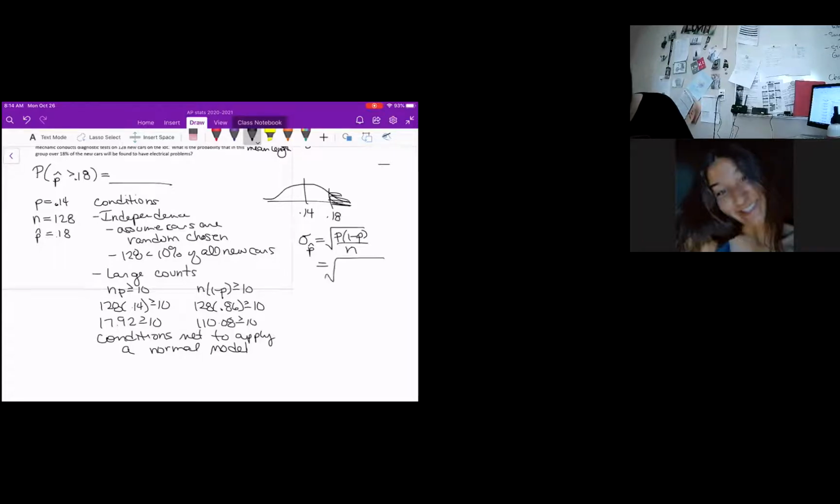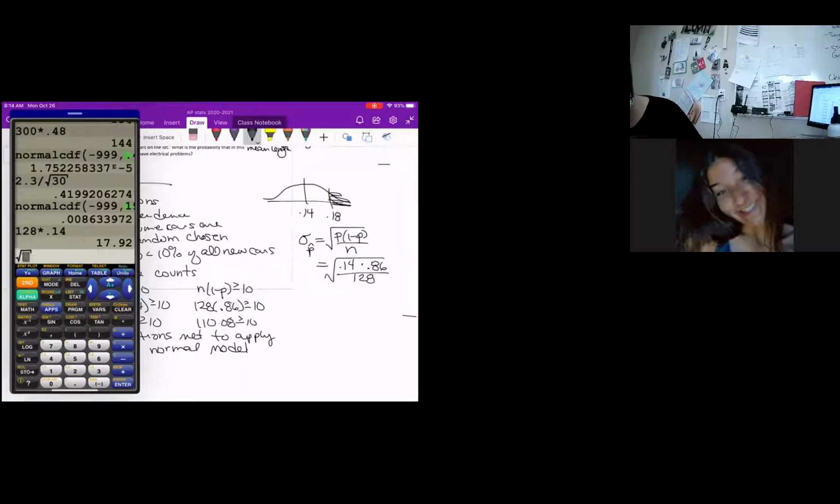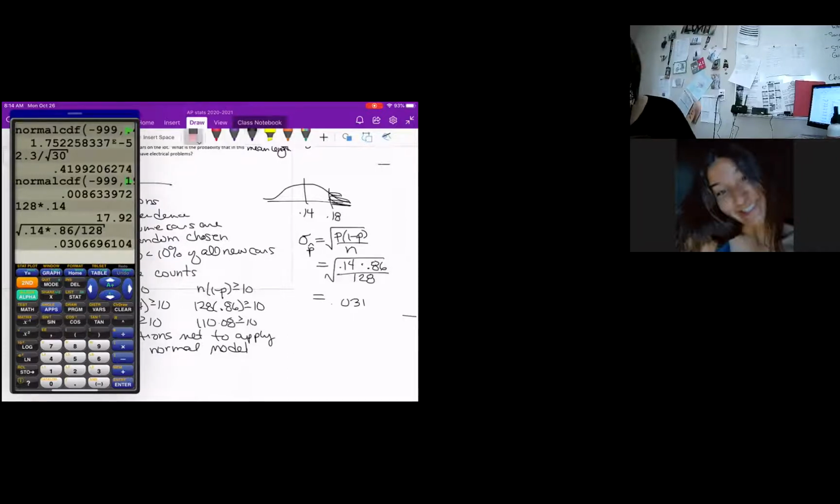So that's the square root of 0.14 times 0.86 divided by 128. And that gives me 0.031.